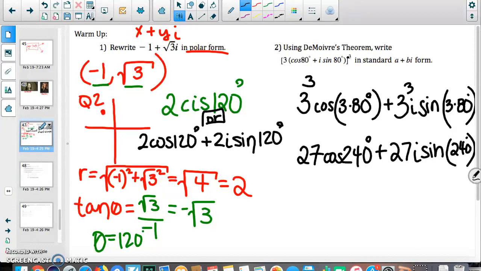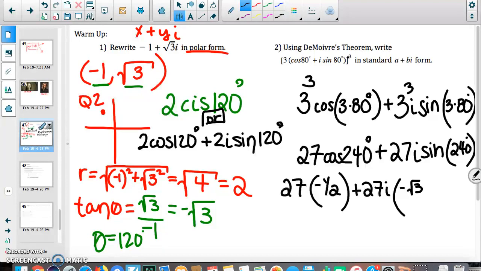All right, so let's look that up on the unit circle. The x-coordinate, the cosine is -1/2. We are in quadrant 3. And so this one would be -√3 over 2. Alrighty. The reason I'm doing this is because it does tell me to write it in a plus bi form. So that means I do have to substitute my values for cosine and sine.